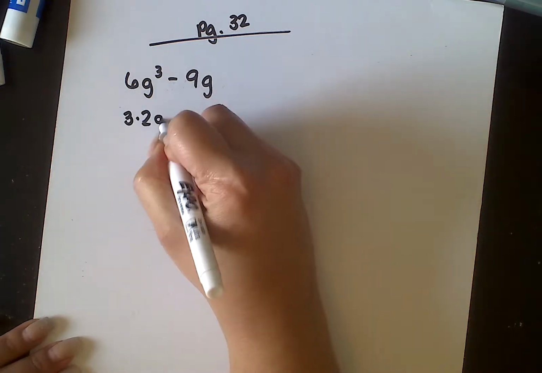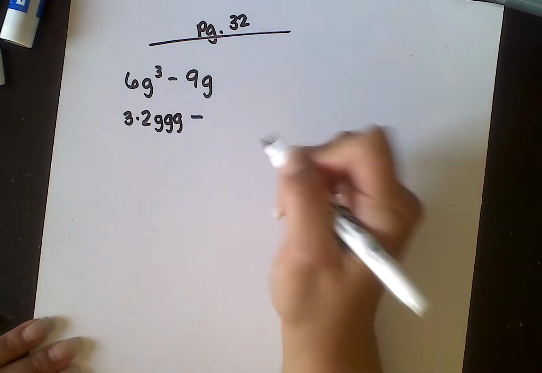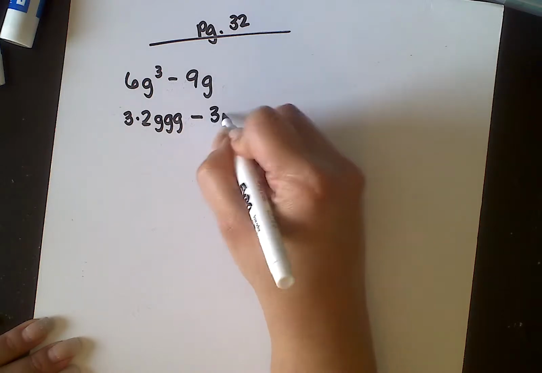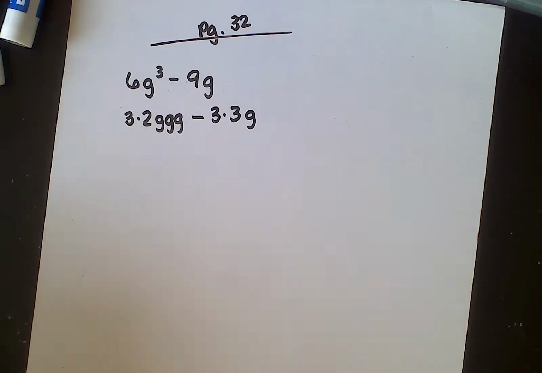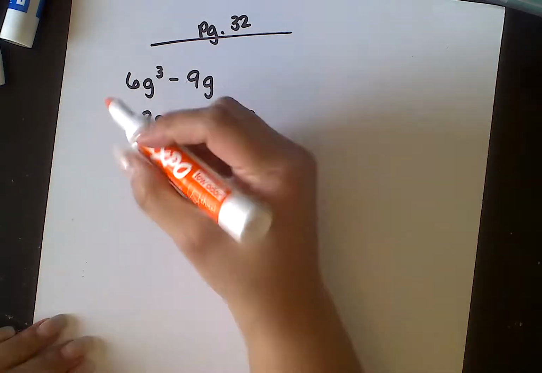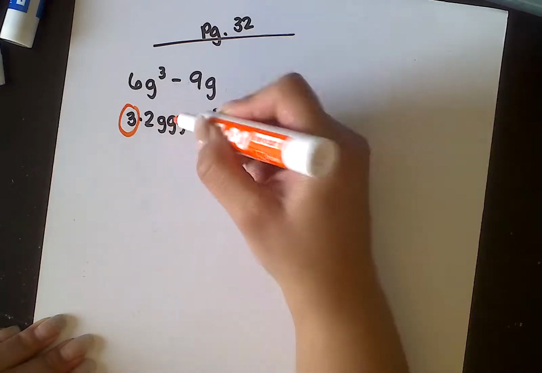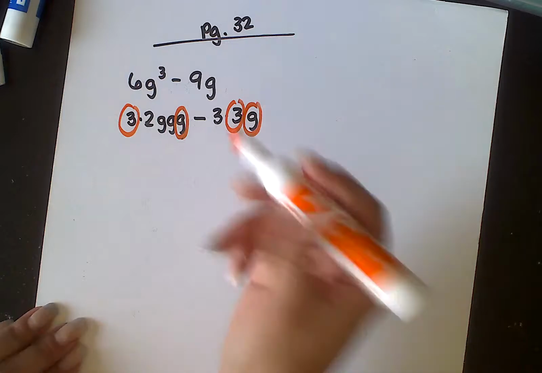And g cubed, that's g times g times g, minus, now this is a composite number again, which is 3 times 3, and then a g. So let's take a 3, and a 3, and 1g, and 1g. This time I'm going to write it correctly, my bad.